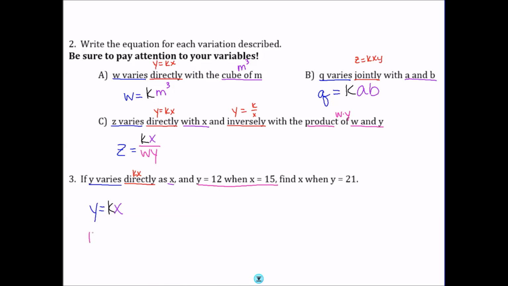So let's plug that in. So we can solve for k. We just need to divide both sides by 15, and we get that k equals 4/5. So now we can write our equation of variation, which would be y equals 4/5 x. This is our equation of variation.